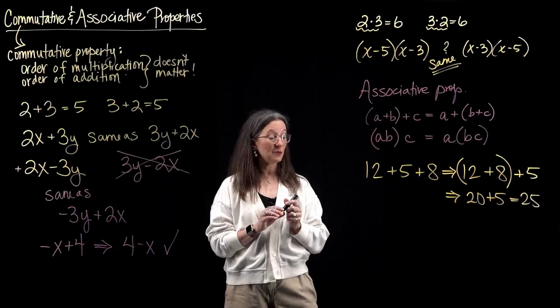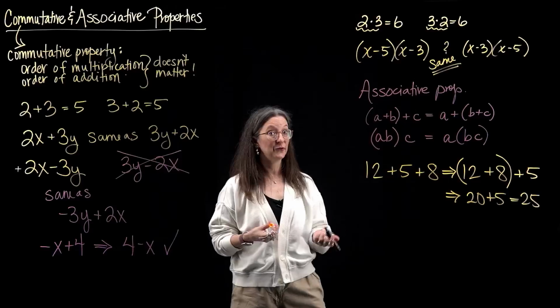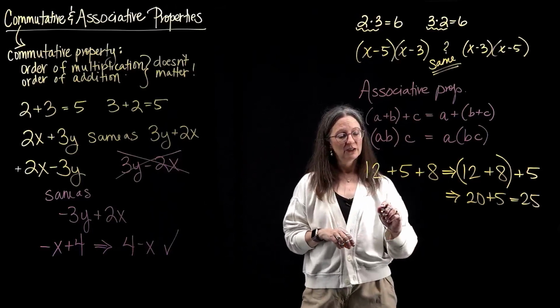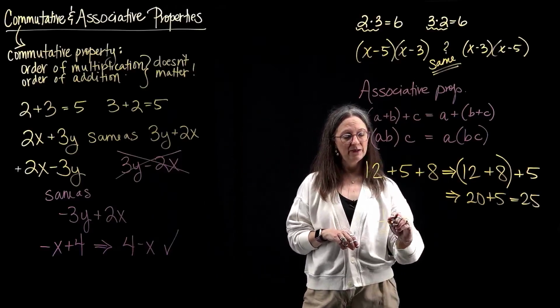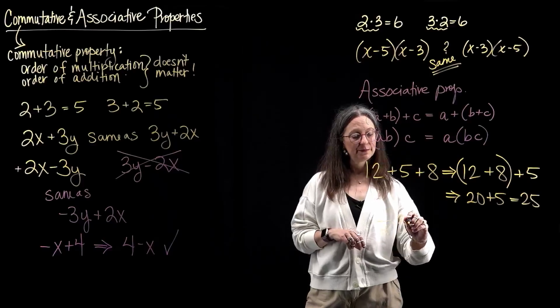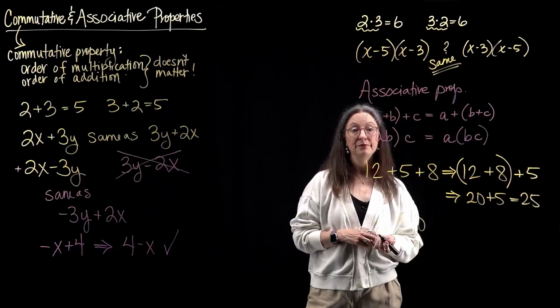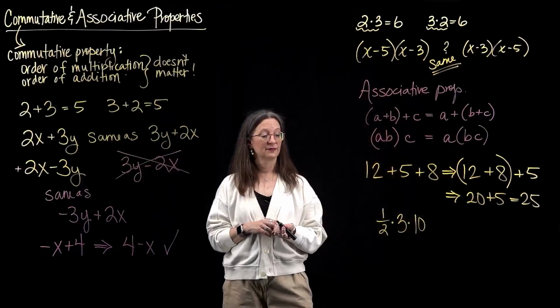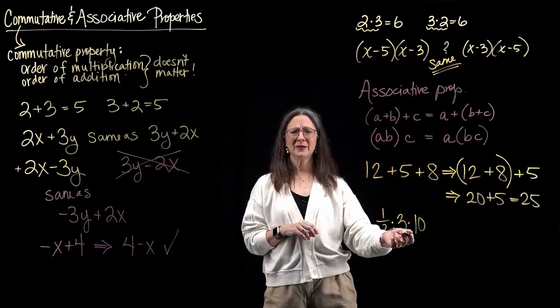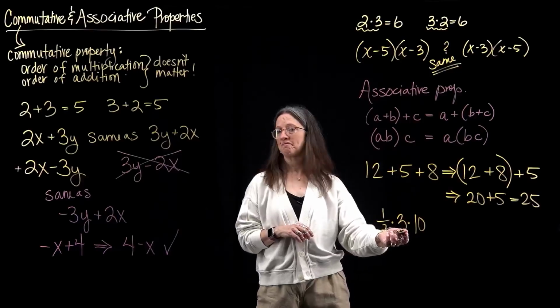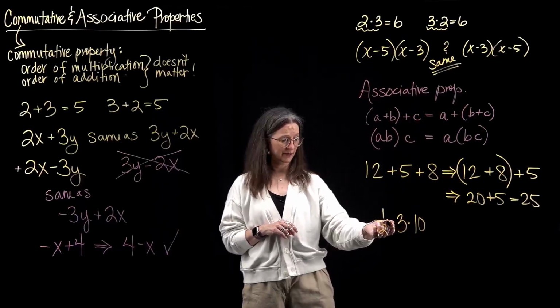With the multiplication part, this is especially helpful when you have fractions. So let's say I had 1/2 times 3 times 10. Do I want to multiply 1/2 and 3? That's going to give me another fraction.